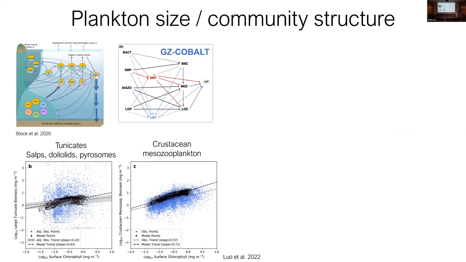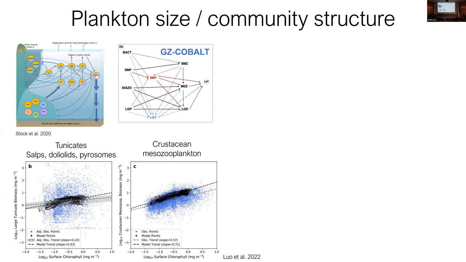So in this recent study that we published last year, we introduced two new size classes of pelagic tunicates into the COBALT ocean biogeochemical model. The COBALT model has three size classes of zooplankton, and the two mesozooplankton are crustaceans. And so what we did is we introduced an appendicularian and then a salp, doliolid, pyrosome group.